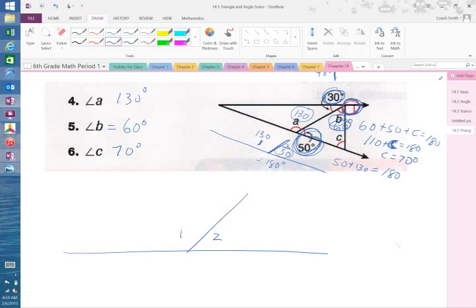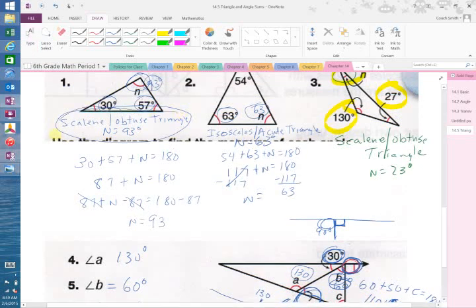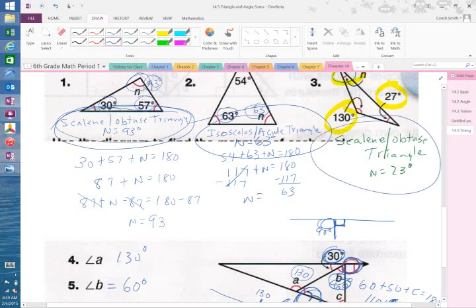Any questions? Jonah? Yes. On 1 through 3, you've got to have all of this right there. All those have to be there. Okay? That's the answer for each one of those and how you get them.